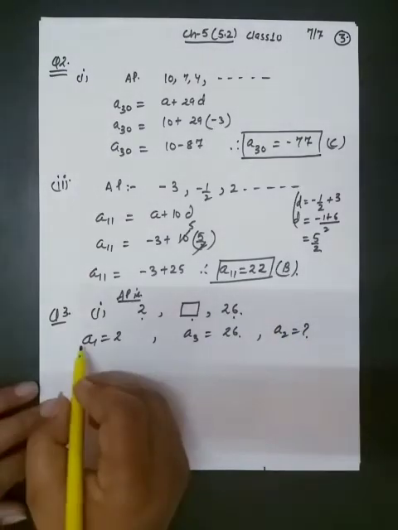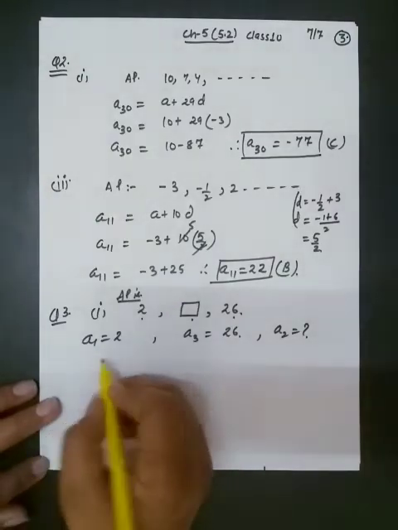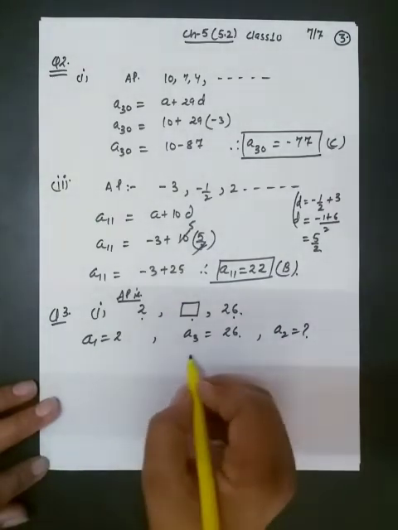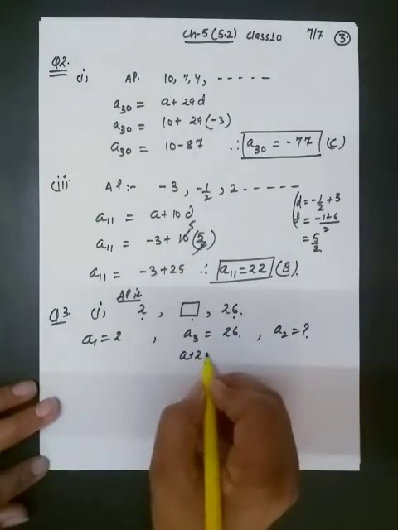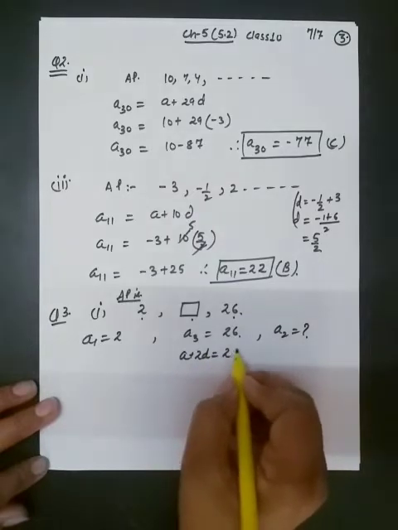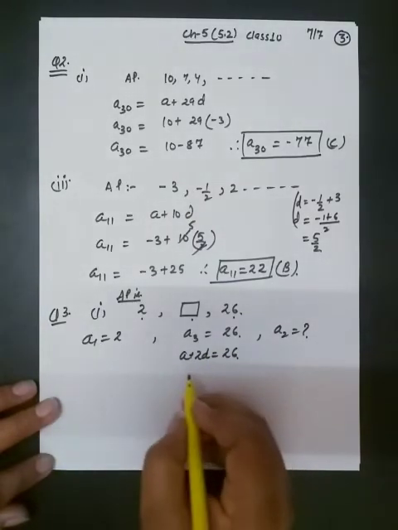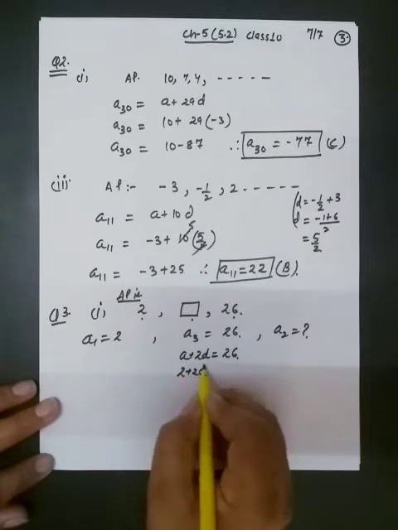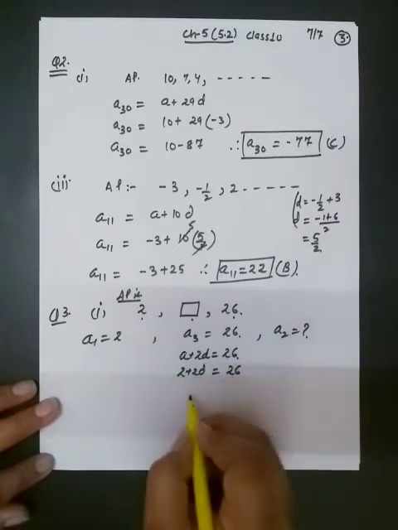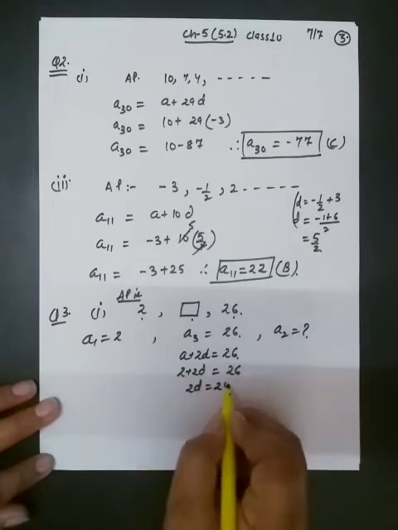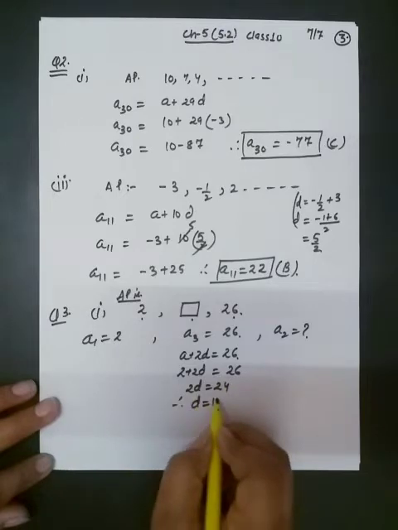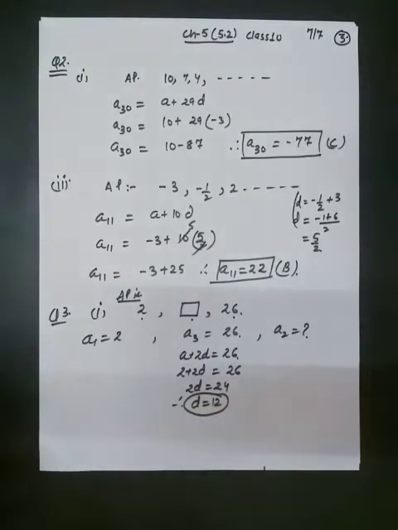We have to write A is 2. And A3 we can write as A plus 2D is equal to 26. By putting the value of A, 2 plus 2D is equal to 26. 2D is equal to 24. So therefore D is 12. It means common difference for this AP is 12.